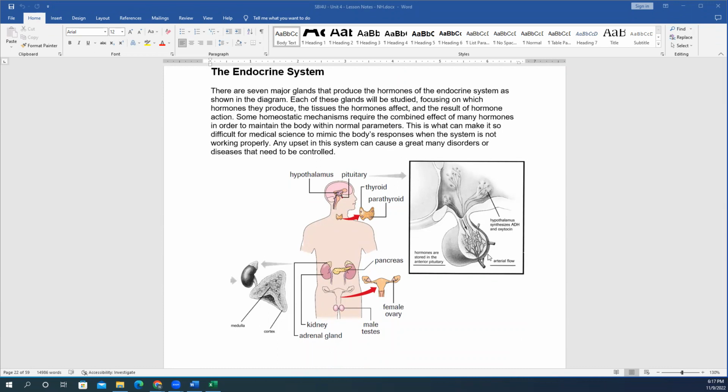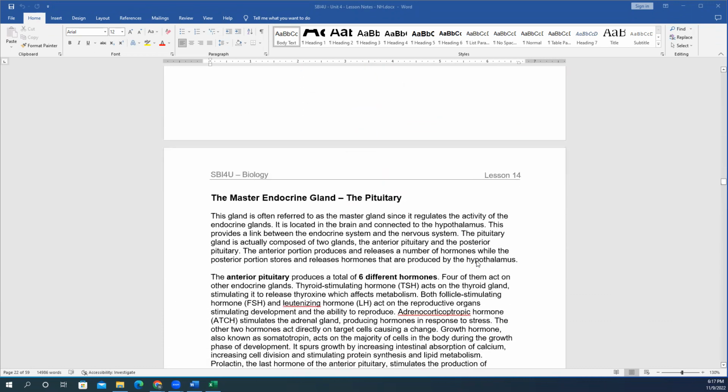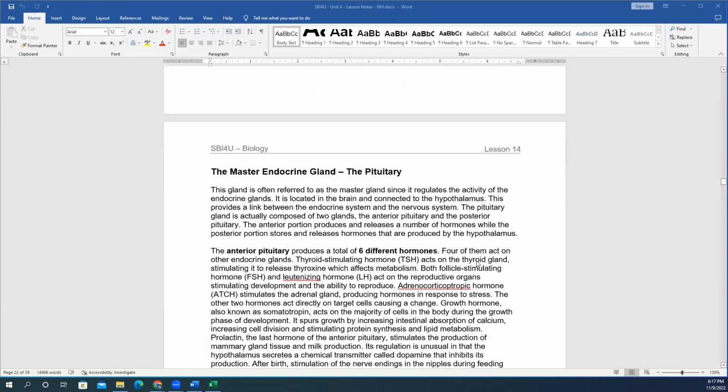The pituitary gland is known as the master gland, because it regulates the activity of many other endocrine glands. It's located within the brain where it's connected to the hypothalamus.